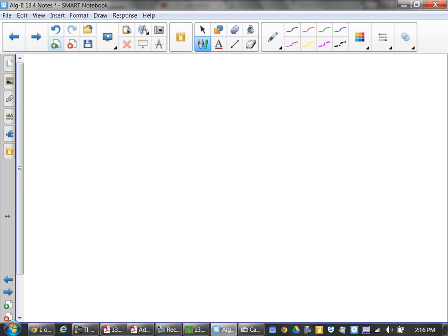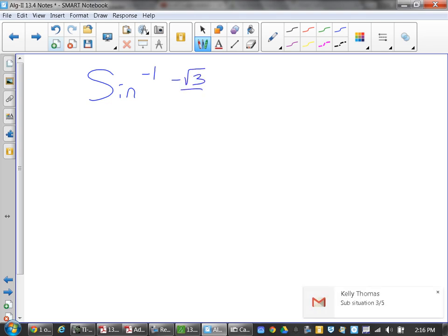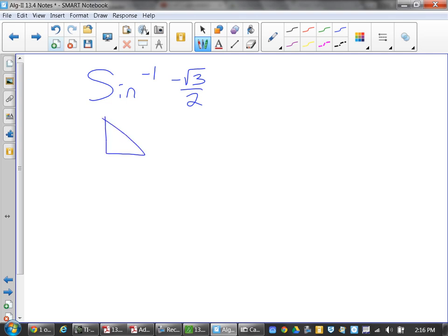So again, you can do something like this. What angle has an inverse sine of -√3 over 2? First thing you do is figure out what triangle you're working with. Working with a 30-60, good. If I'm working with a 30-60, the easiest thing to do is just draw it.